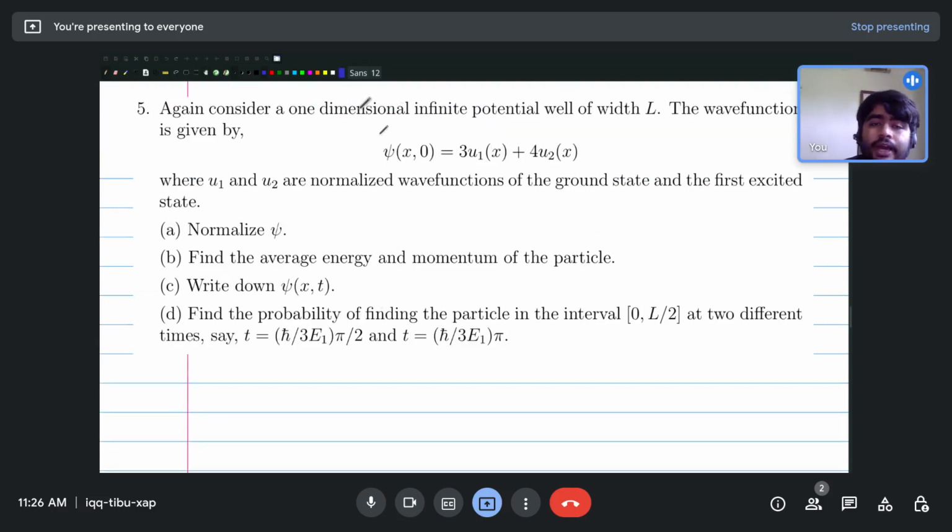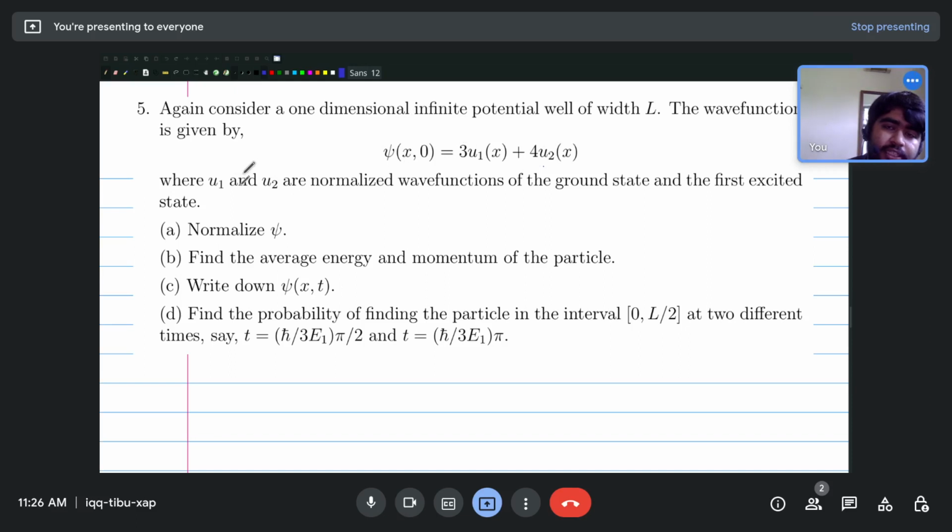Problem 5: again consider a one-dimensional infinite potential well of width L. The wave function is given by psi(x,0) = 3u1 + 4u2, where u1 is the ground state and u2 is the first excited state. This wave function is given at time 0, which is why the 0 argument is there, and u1 and u2 are normalized.